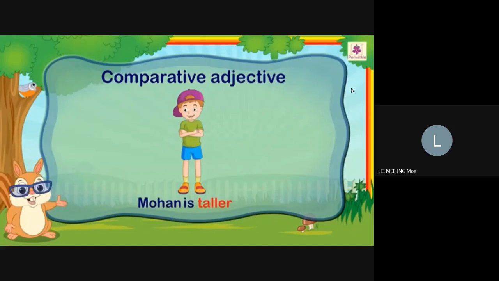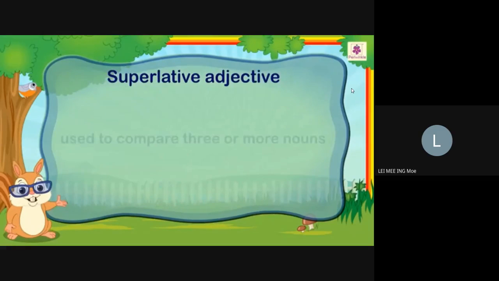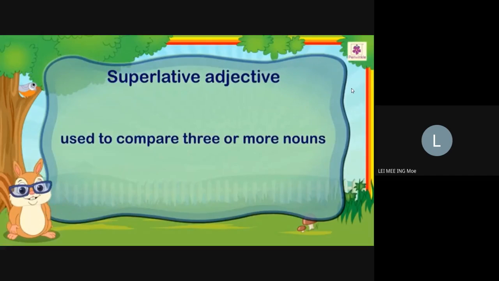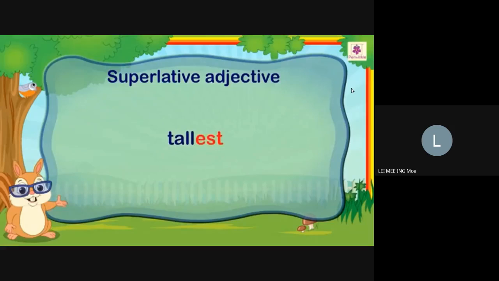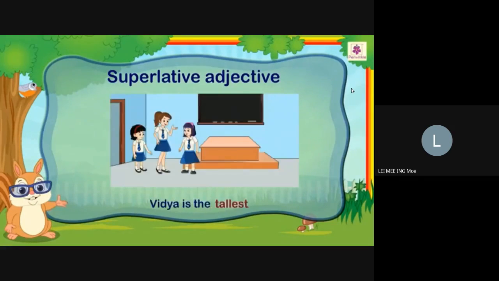Mohan is taller than Rupa. A superlative adjective is used to compare three or more nouns. We usually add est to the adjective. For example, tallest. Vidya is the tallest girl in her class.